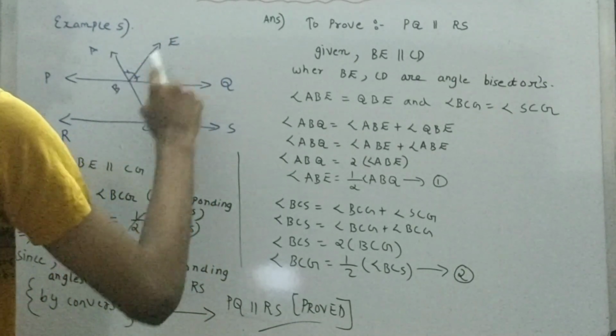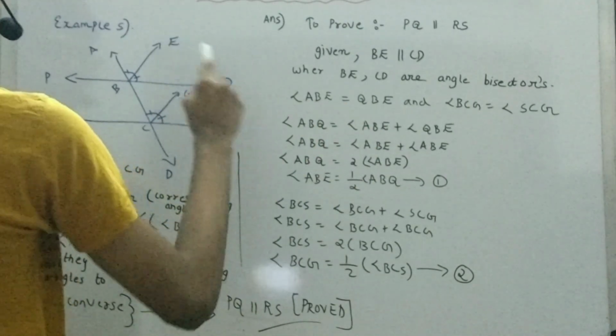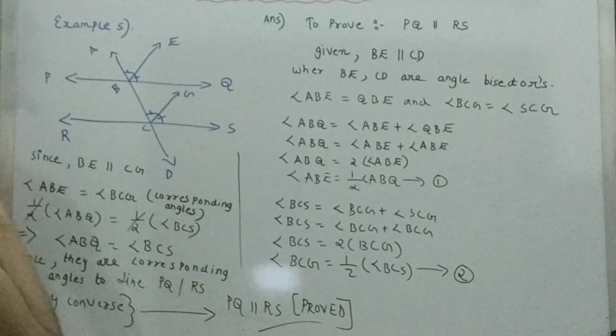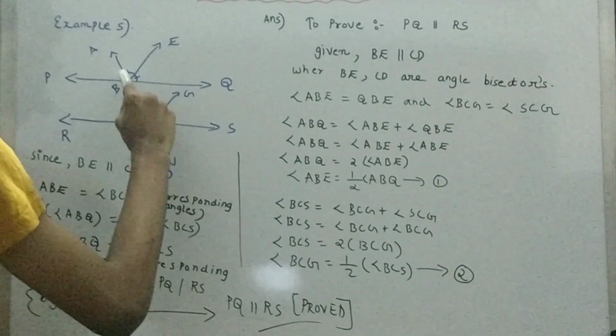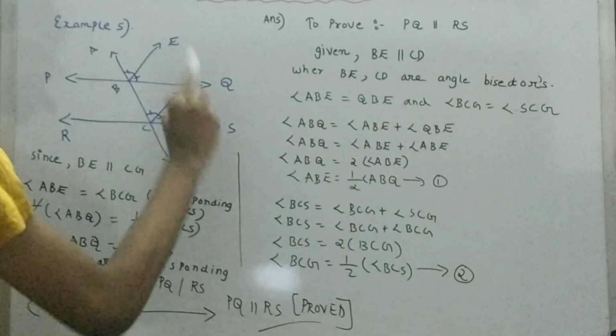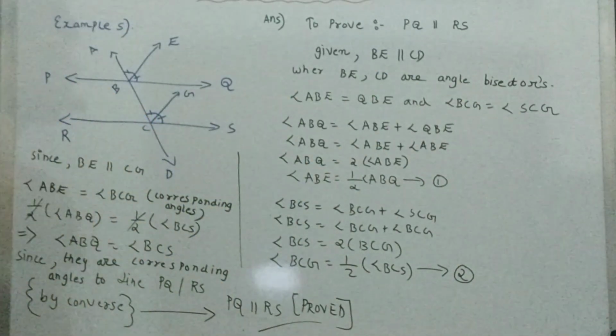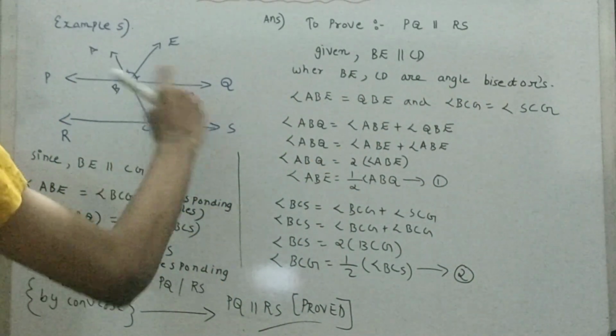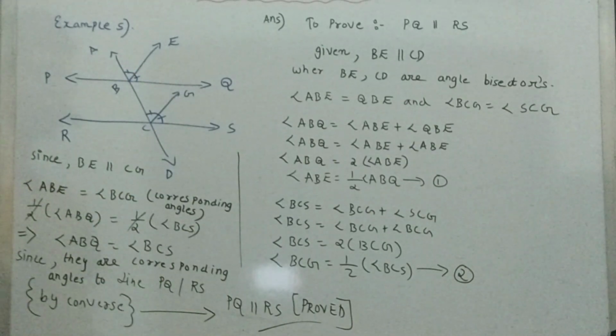So I can say angle ABE is equal to angle QBE. Similarly, CG is also an angle bisector, so I can say that angle BCG is equal to angle SCG. Because they are angle bisectors, whenever an angle is bisected, those angles will be equal.